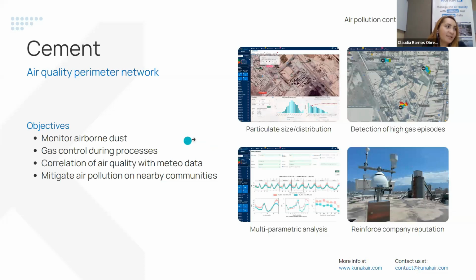They needed to monitor dust resulting from excavations and crushing activities, control gas during traffic, storage, and transportation processes, correlate reliable air quality data with meteorological measurements, and of course, mitigate air pollution effects to nearby communities.